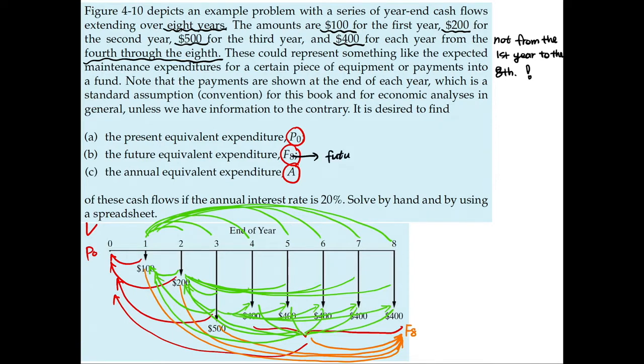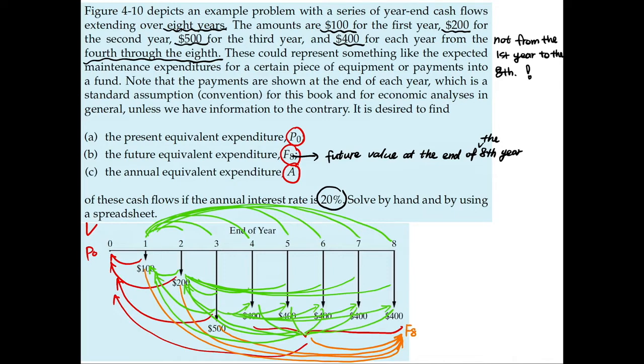So F8. 8 means it is the future value at the end of 8th year. And the question C, the annual equivalent expenditure. Okay, so of these cash flows, the annual interest rate is 20%.